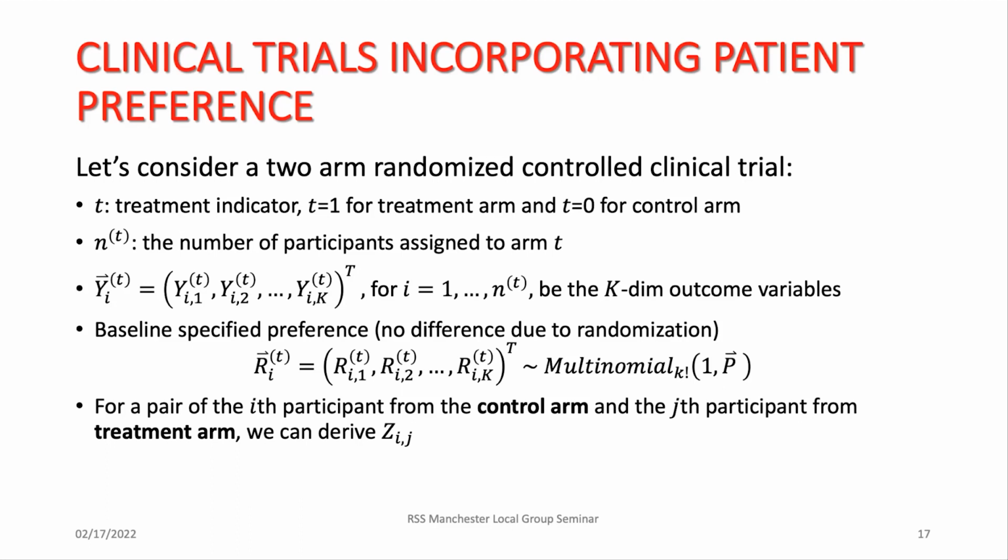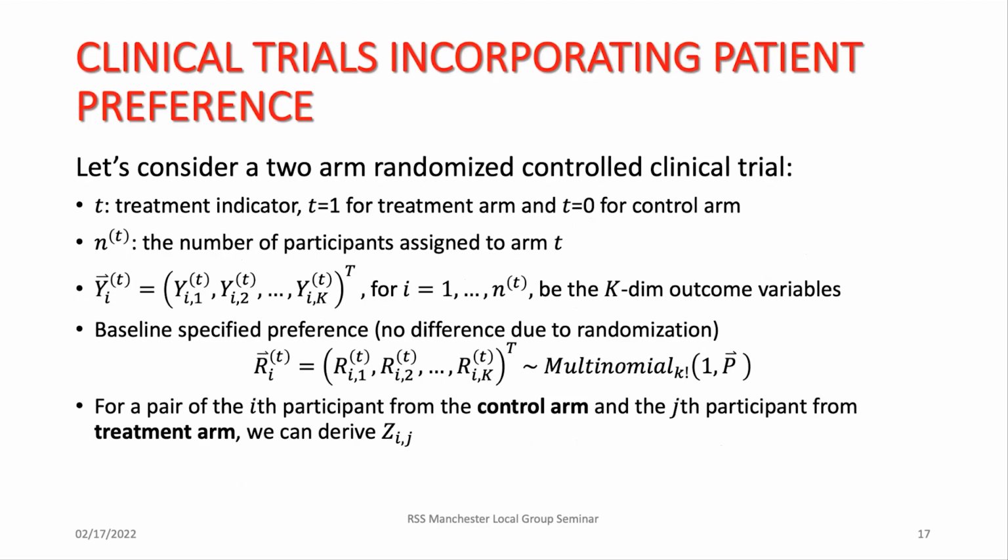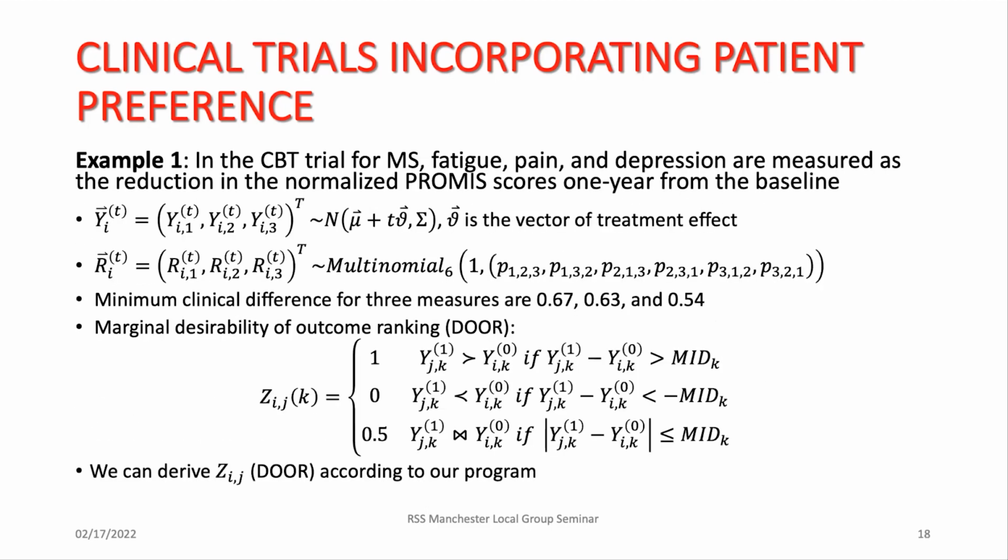N^T is the number of patients assigned to each arm, so they can be different. We added the superscript T to indicate treatment assignment, and also for the preference. Here we're really comparing the patients between the 2 treatment arms, where i is from the control arm and j is from the treatment arm.